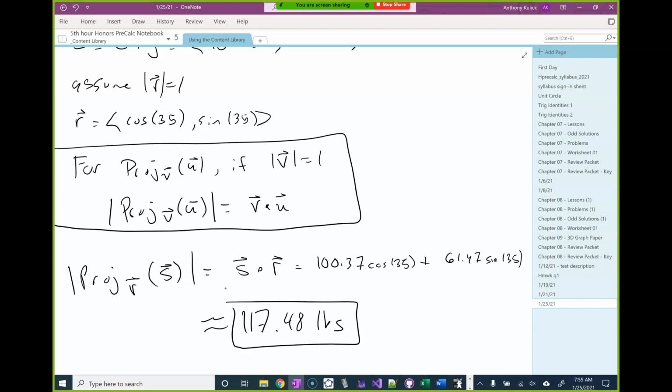If you didn't make that observation in the beginning, you would have been sitting there going, how the heck am I supposed to get 117 out of this? Because this was an odd one, it was probably rather puzzling. But after seeing it done, it's like, oh, okay, that's an additional step in the beginning, but not a big deal. Just a little bit of extra work to take care of.